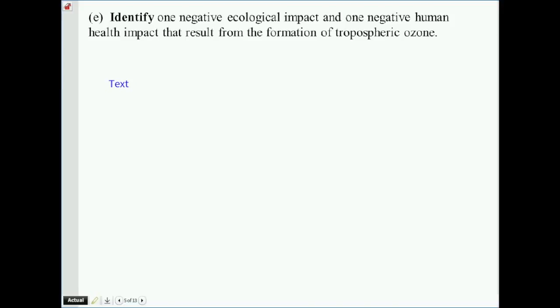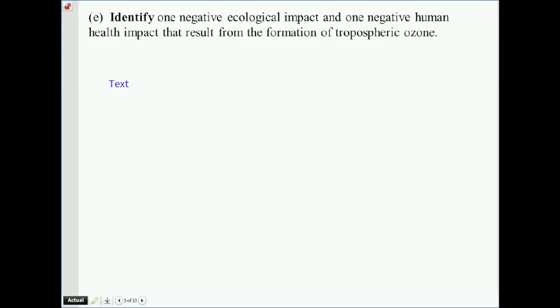You just have to identify what is something that is a negative ecological impact of tropospheric ozone, and then a negative health impact. Perfect. It damages or irritates your eyes. That's a perfect health impact.